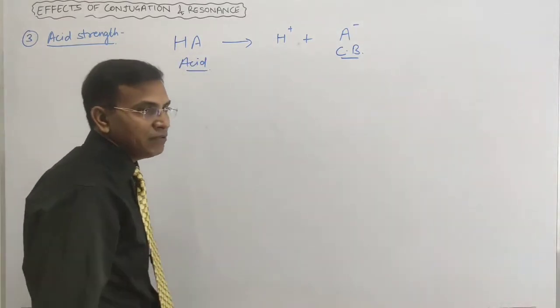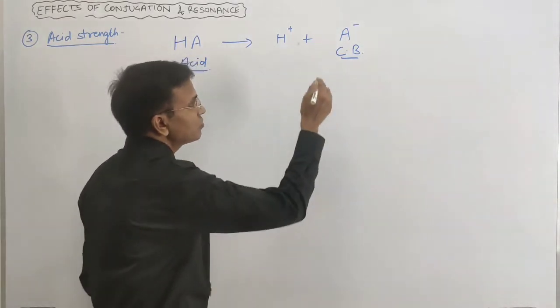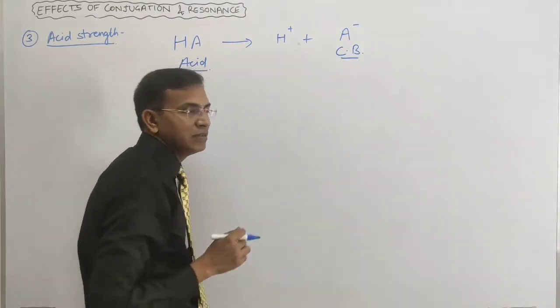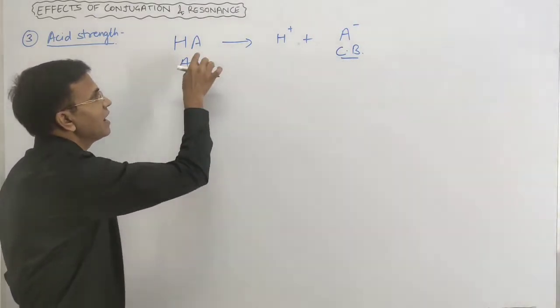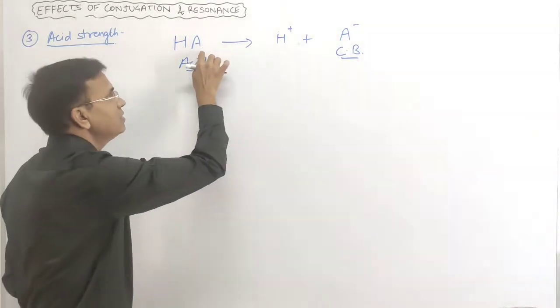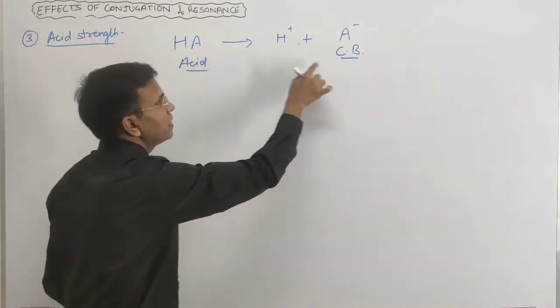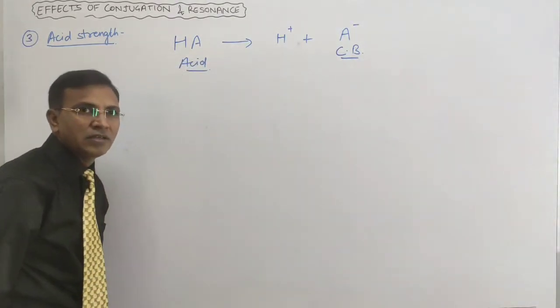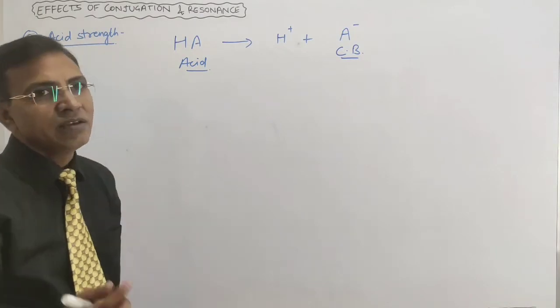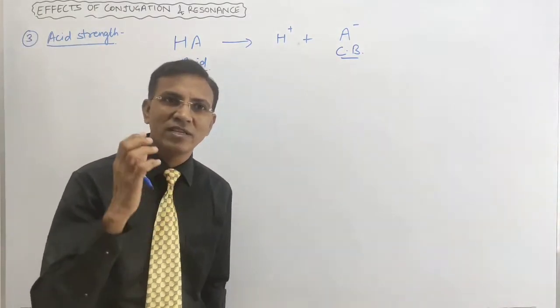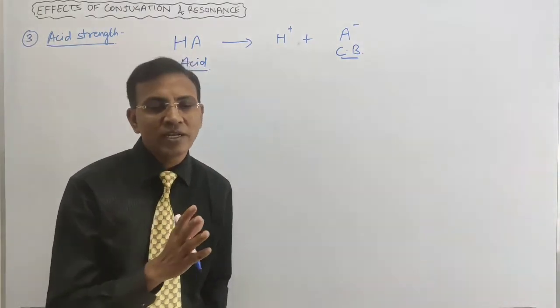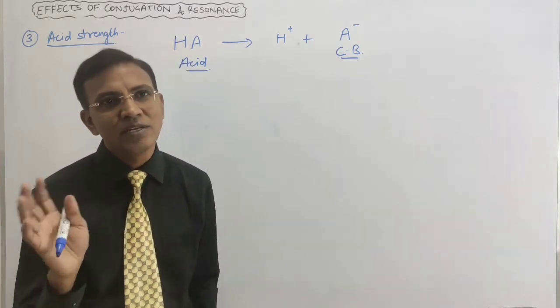right? And the phenomenon is, if this conjugate base is more stable, then this acid releases H positive ion easily to give the conjugate base, because every molecule, every structure, every species goes in the direction of stability.